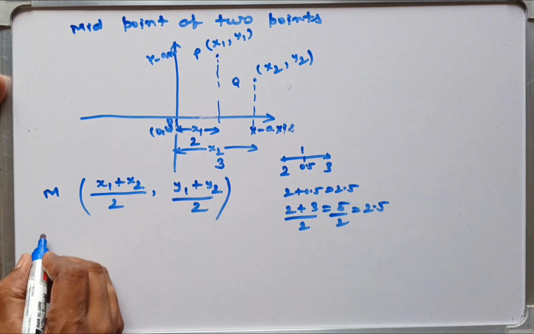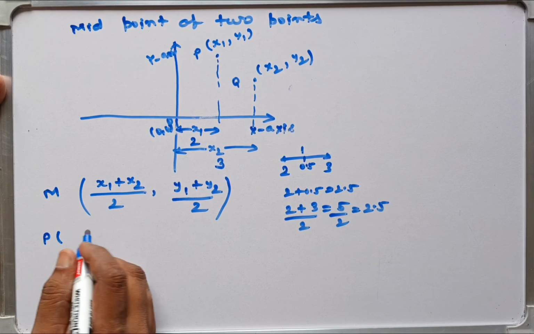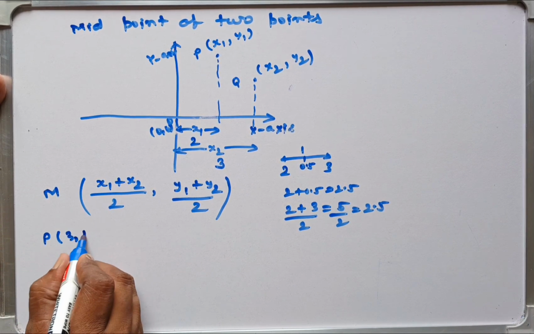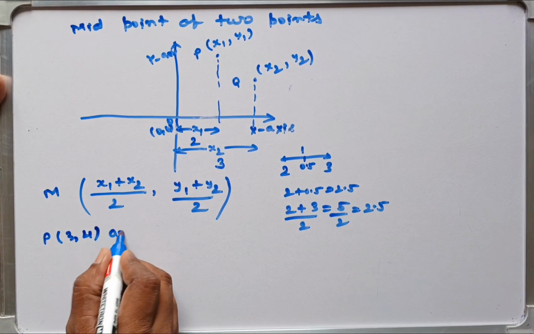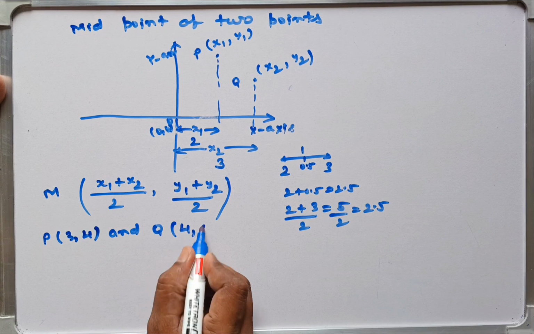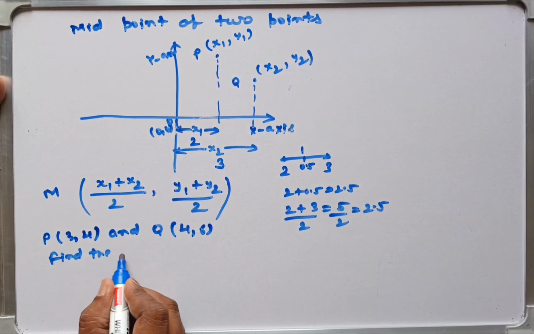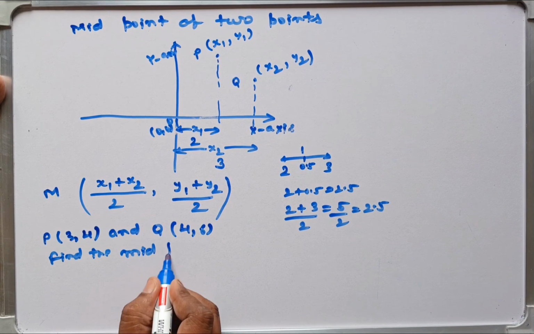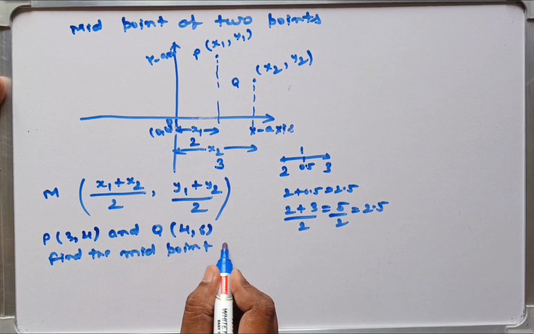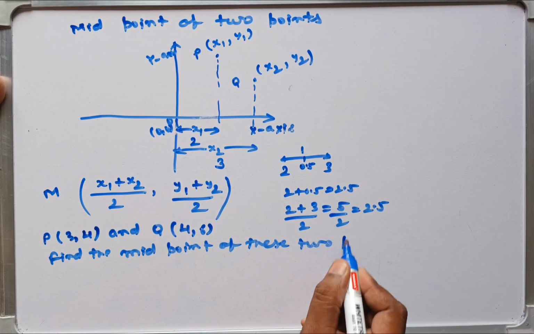Okay, so see an example based on this one. Suppose, guys, here the P coordinate is 3 comma 4, and the Q point has coordinates 4 comma 6, then find the midpoint of these 2 points.